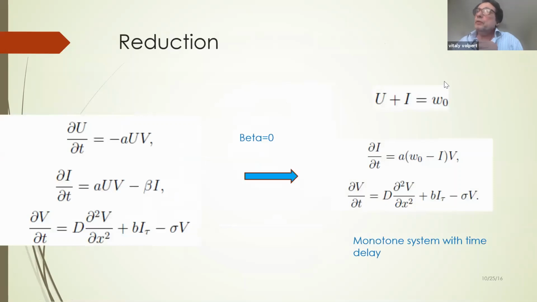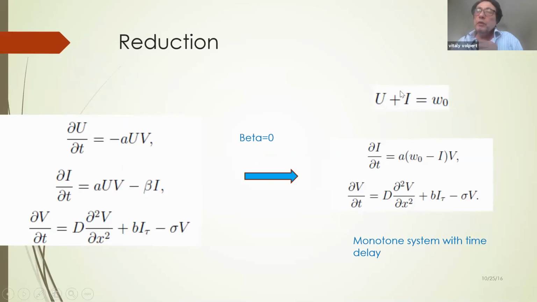So the first simplification we can do here is if we assume that beta here is 0, so there is no death of infected cells, then we have the same minus UV here, plus UV here. We can take the sum of these two equations, and then the right-hand side disappears, and we have just the sum of these two concentrations, uninfected cells and infected cells.